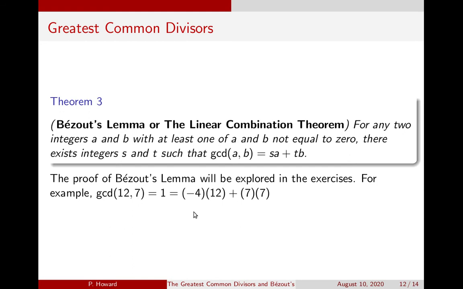And here's one way of doing it: minus 4 times 12 plus 7 times 7. So the s in this example is the multiplier for 12, which is minus 4. The t in this example is the multiplier for 7, which happens to also be 7.